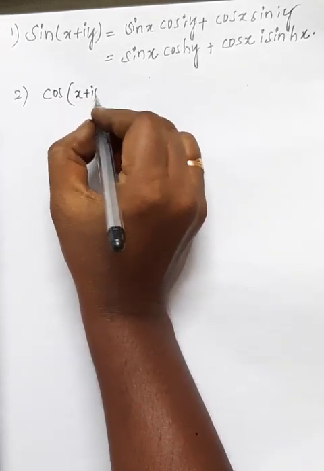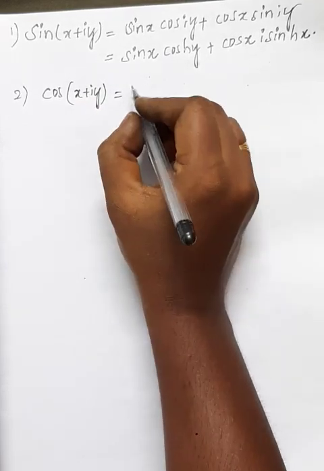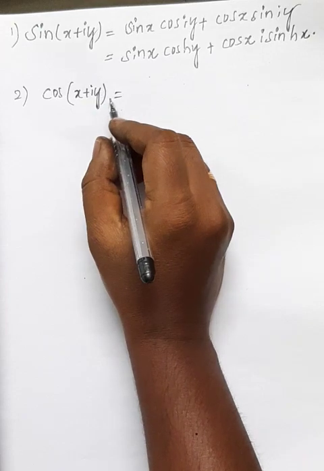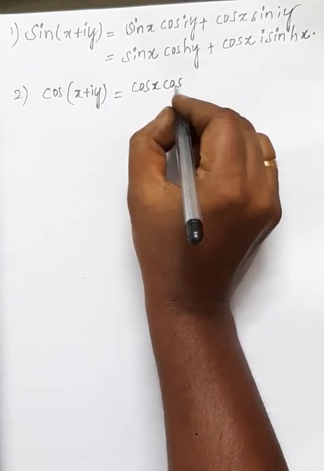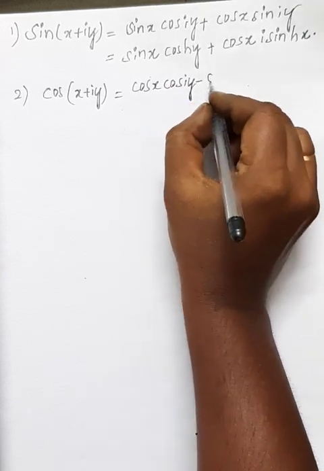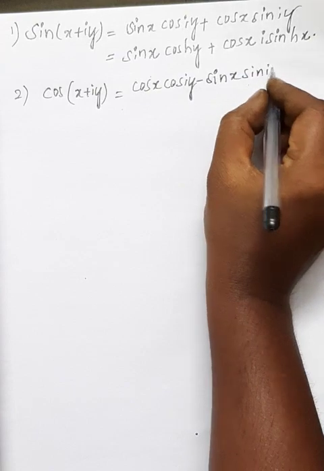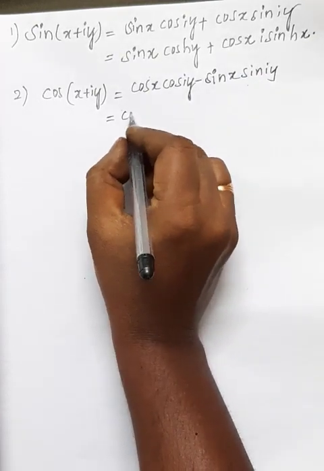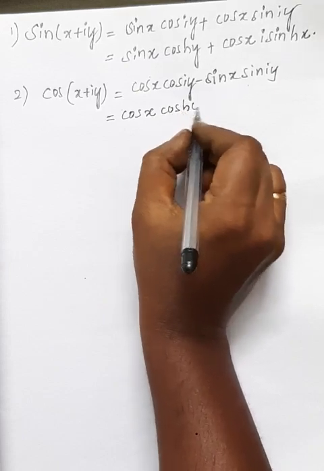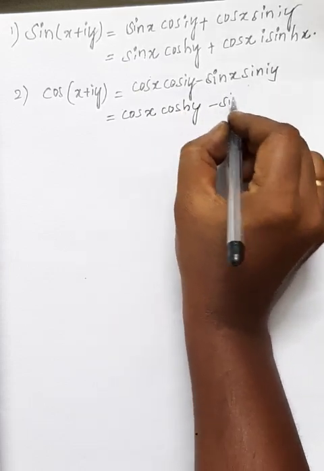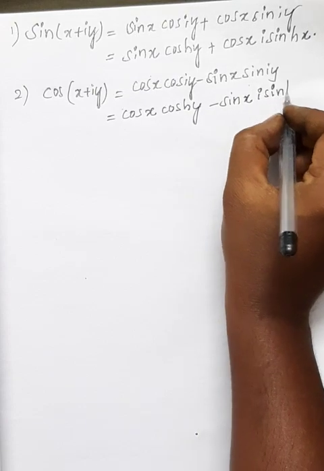Similarly, the cos a plus b formula is cos a cos b minus sin a sin b. In place of a we have x, in place of b we have iy. So cos a cos b minus sin a sin b: cos x into cos iy is cos hy, minus sin x into sin iy is i sin hy.